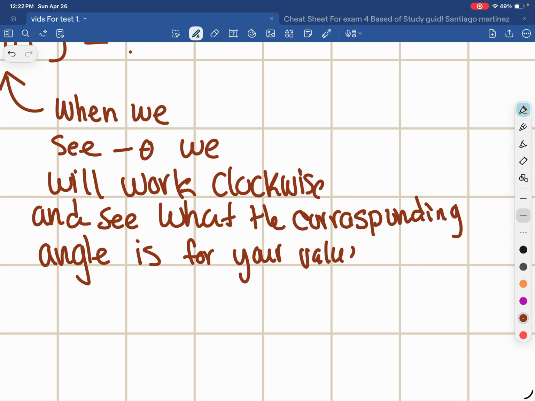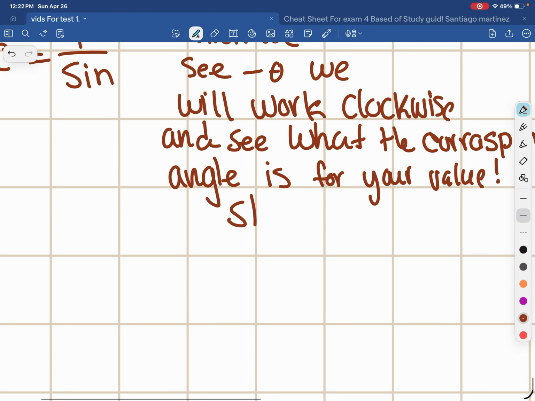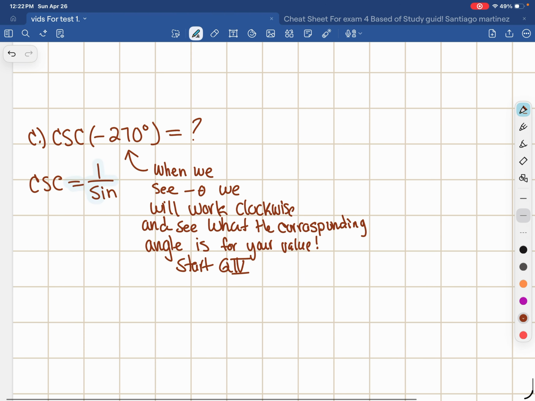And I'll explain this more too by showing you. Starting at quadrant 4. So starting at quadrant 4, right? So we have a negative value here.